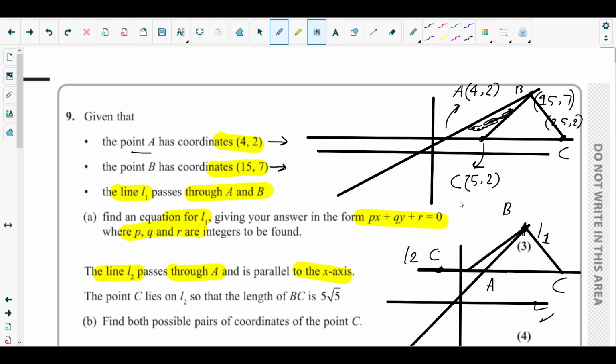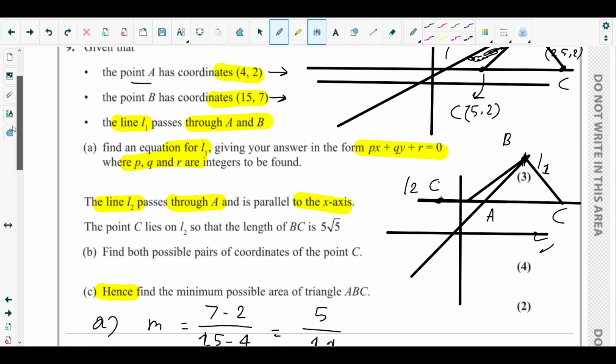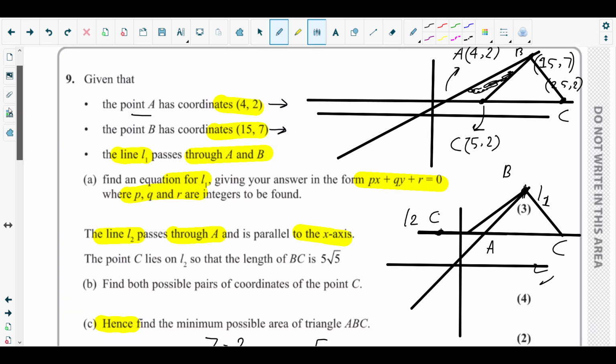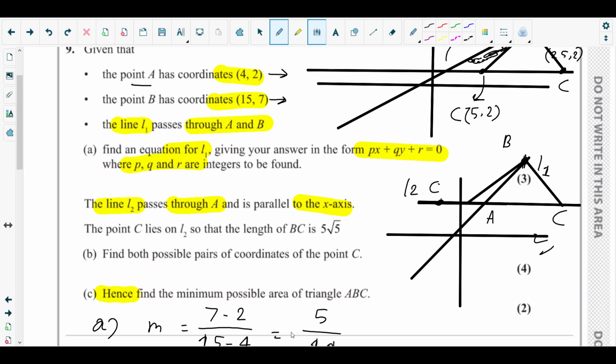So for this type of question, the sketch is a very important thing. Try to draw a perfect sketch as much as possible. That will help a lot for your correct solution. So that was all about question number 9 from the May 2024 P1 paper. That's it.